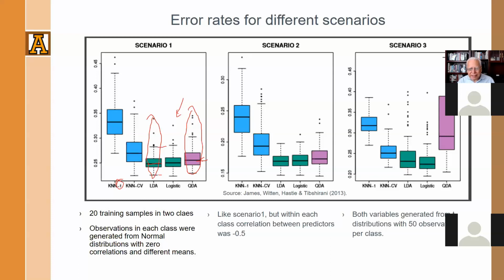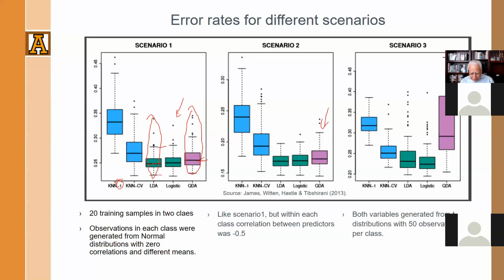Now, in the second scenario, you have just like in the first, but here the correlation between the predictors was minus 0.5. You still have equal variance covariance matrices. That's why the quadratic discriminant function doesn't perform as well. But you have correlation now.